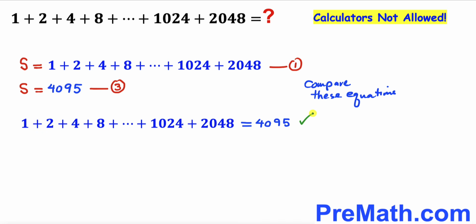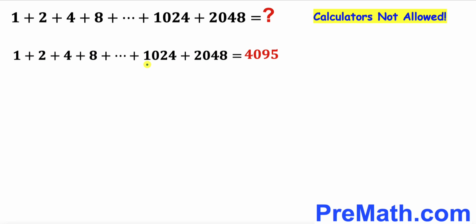As you can see in this next step, the sum of this given series turns out to be equal to 4095. So after all the calculations and manipulations, the sum of this given series turns out to be equal to 4095 without using the calculators. And that's our final answer.